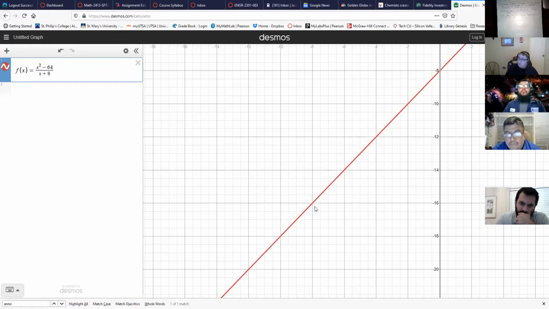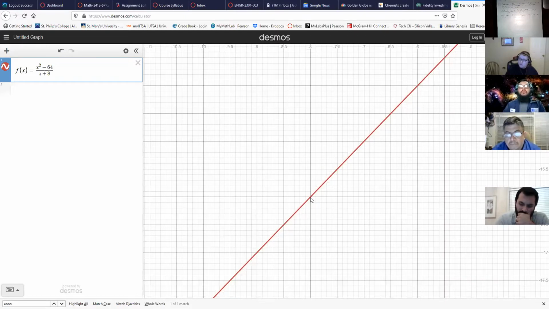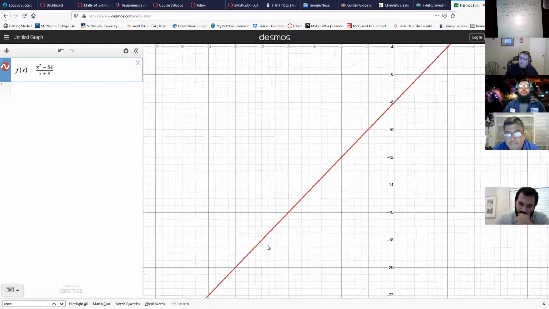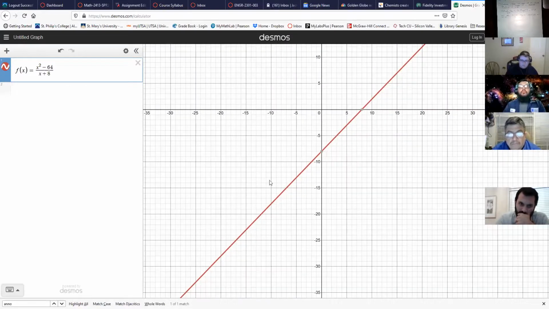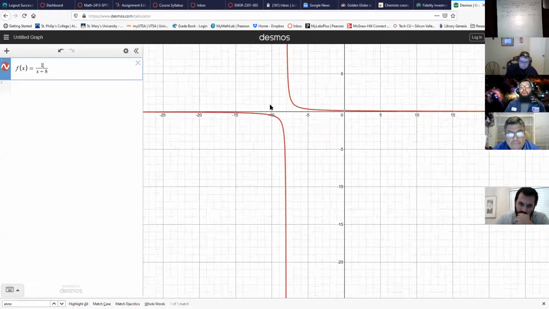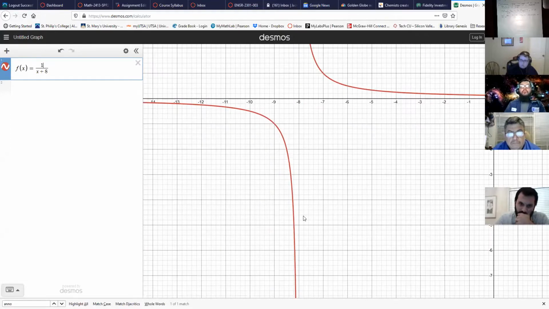There it is, the hole. I just can't see it on the picture. But anyway, there is a hole, but there is no asymptote, right? As you can see, an asymptote will look like this. You see how there's a gap? So there's an asymptote going through the function at -8 here.